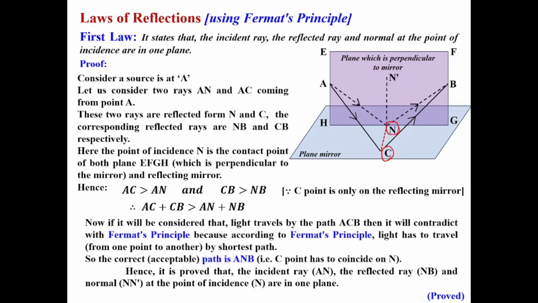Hence, it is proved that the incident ray AN, which is on this EFGH plane, the reflected ray NB, which is also on this EFGH plane, and the normal NN dash, which is the normal to the reflecting surface or the plane mirror at the point of incidence N, are in one plane.